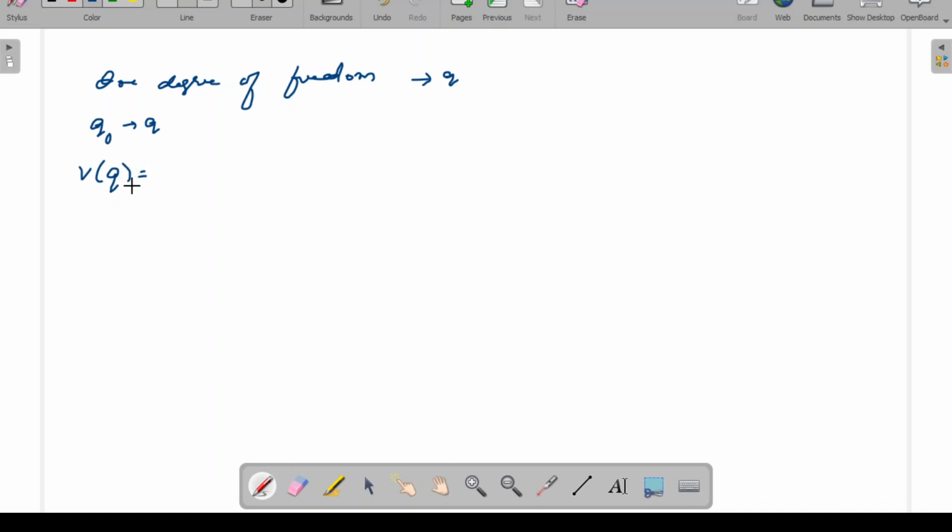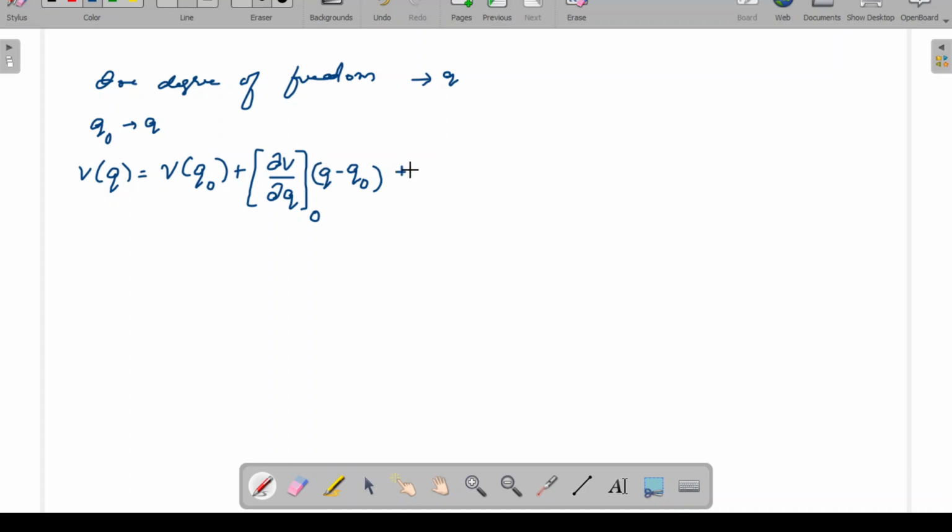You have learned that. So I can say the potential energy function at q can be written in terms of Taylor series as V(q0) plus the first order differential, ∂V/∂q at the equilibrium, times (q minus q0).